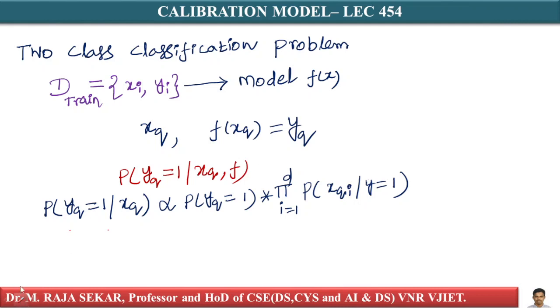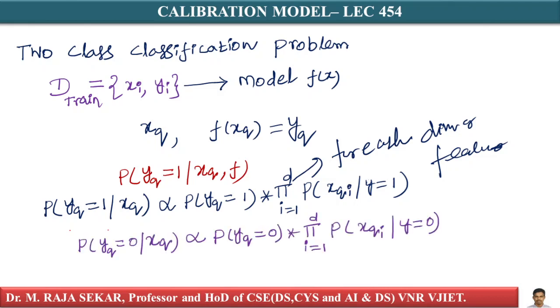This formula we already learned in our naive-Bayes classes. This is for each dimension, or I can say for each feature. Similarly, I have a probability of yq equal to 0 given xq. I have two probabilities, and this is what I will compute.